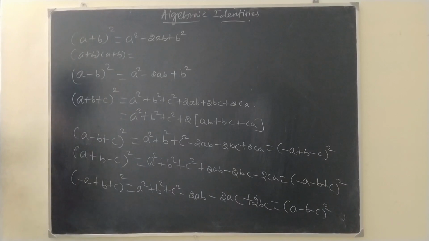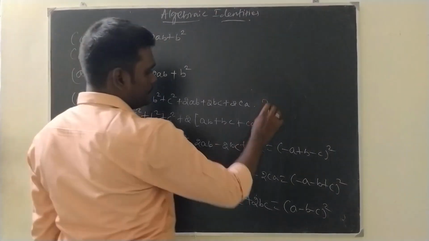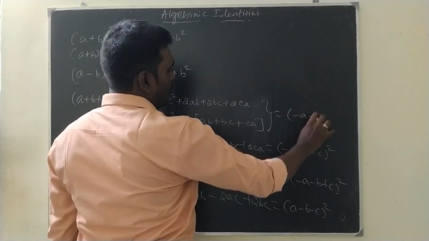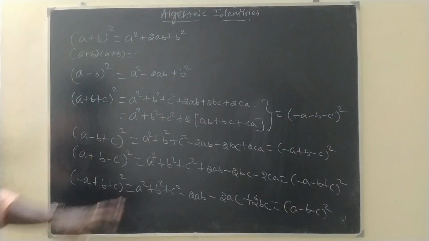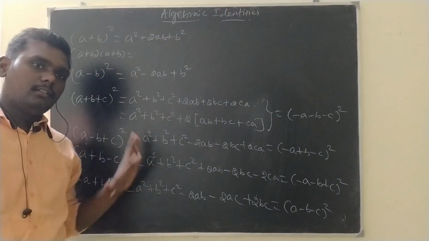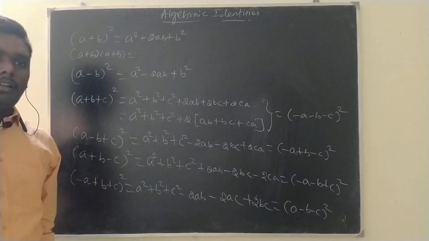Okay. Now in the same manner, this also can be equated to another one. What is that? Minus a minus b minus c whole square. So in this way we equated all the possible identities of the square of a trinomial.